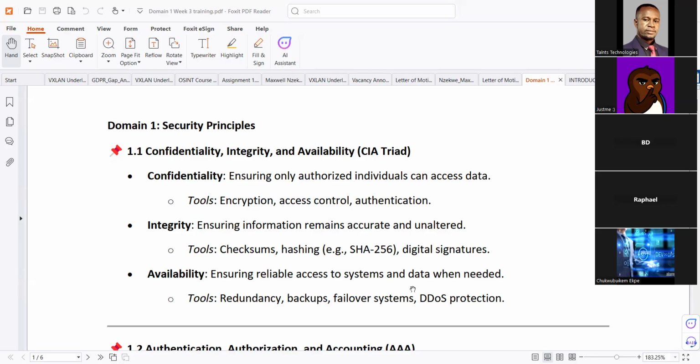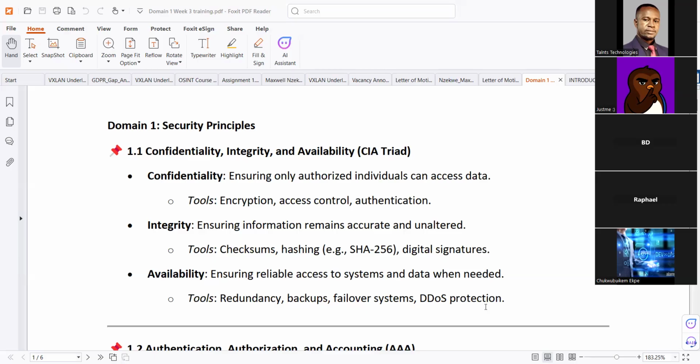I have used a case study of a hospital to explain the CIA triad. Is there anybody here who might want to use another case study to explain to the class the CIA triad based on what I have explained so far? Confidentiality, integrity, and availability. I used a customer record, you remember, to explain it.